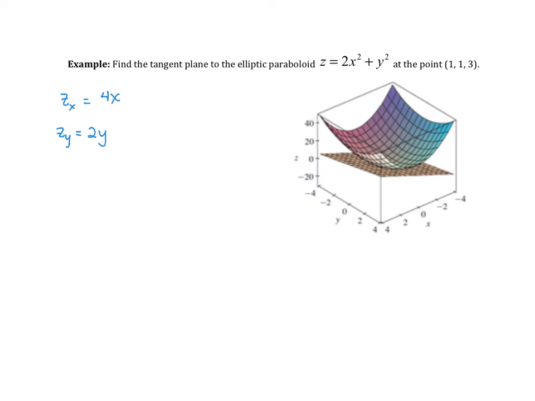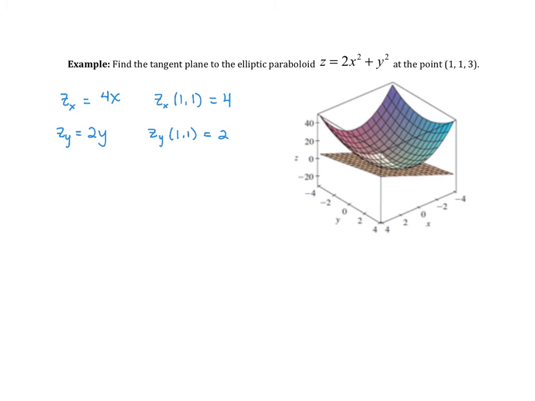Now I am going to take the partial derivative with respect to x at the point 1, 1, so we would get 4. And I'm going to take the partial derivative with respect to y at 1, 1, because 1 is x naught and 1 is y naught, according to the point.